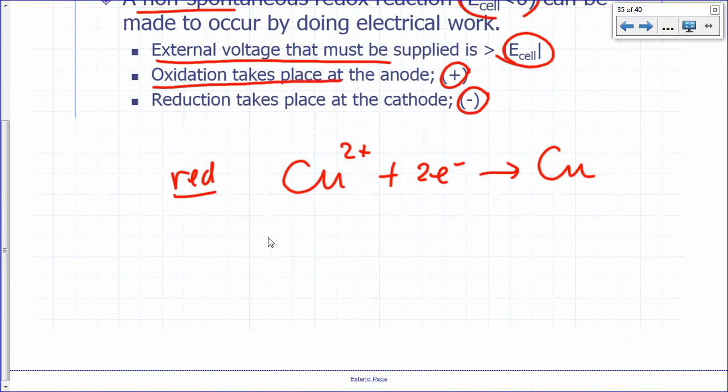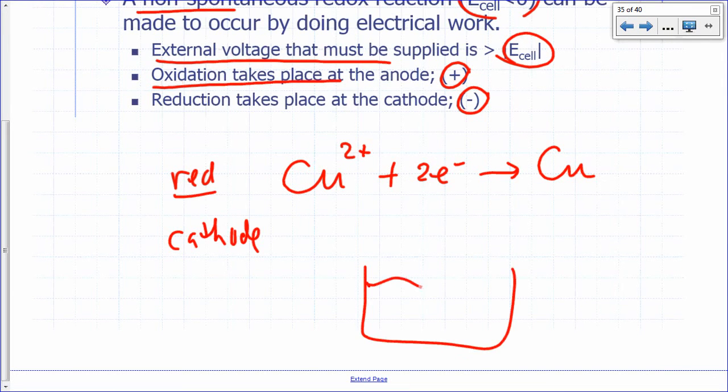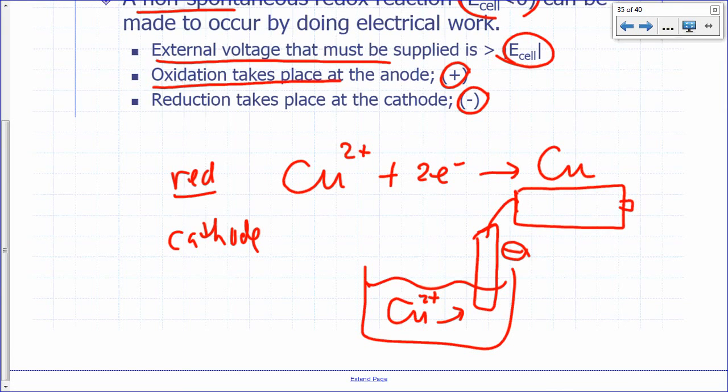Now, where would that take place? At the cathode. So if you have a cathode, if you have copper ions, and you want it to pick up electrons, okay, what voltage must you have on this electrode right here? You have to make this negatively charged. You hook this up to the negative terminal of your battery. So you have a battery right here.